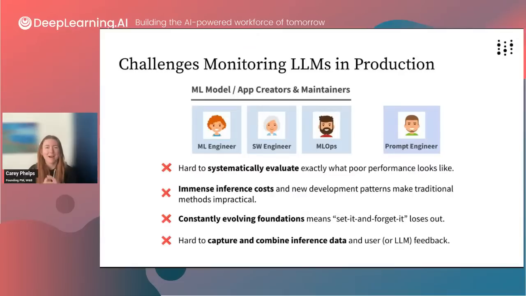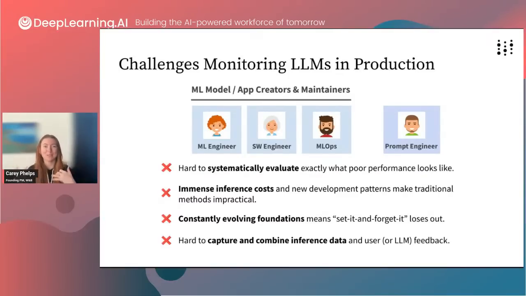We've also got high inference costs. So it's an expensive process, and it's hard to run traditional patterns like what we've seen in traditional machine learning. There's also this really fresh set of tools that people are using, and so it's really hard to just make one decision, like write the prompt once and then leave it and stop iterating.